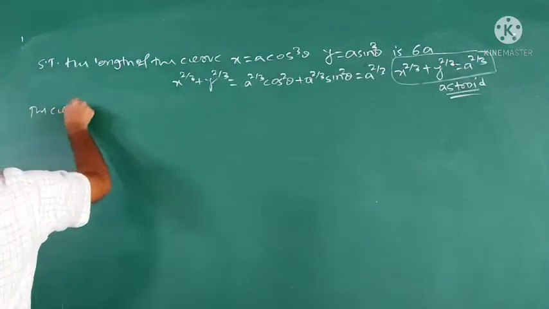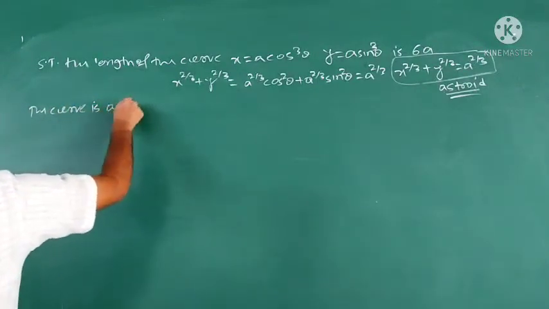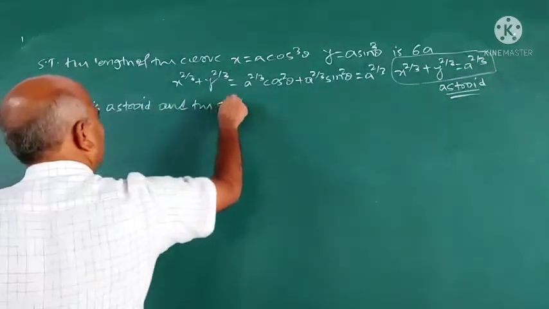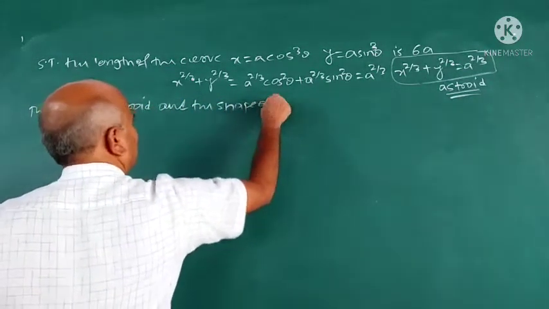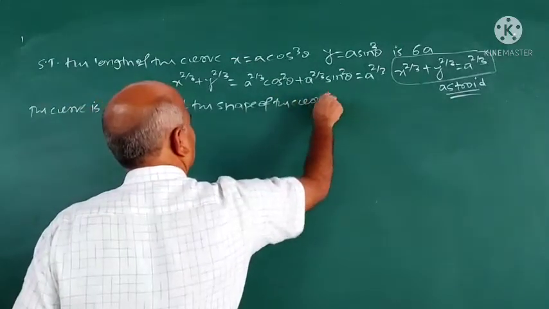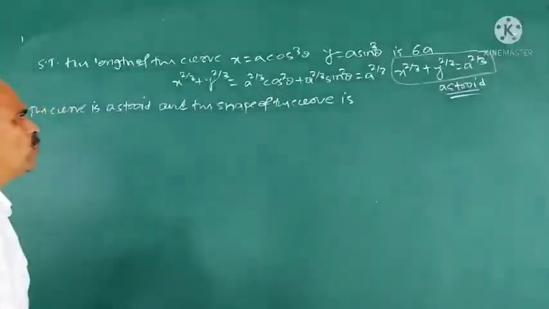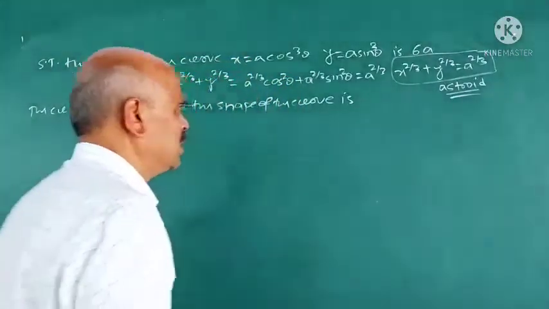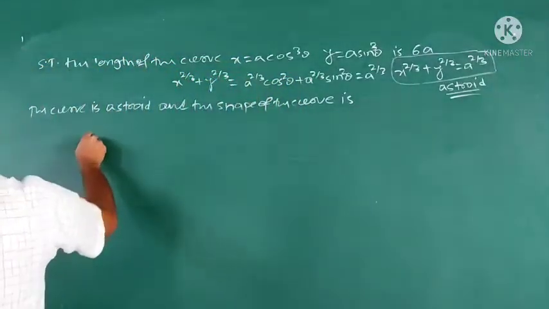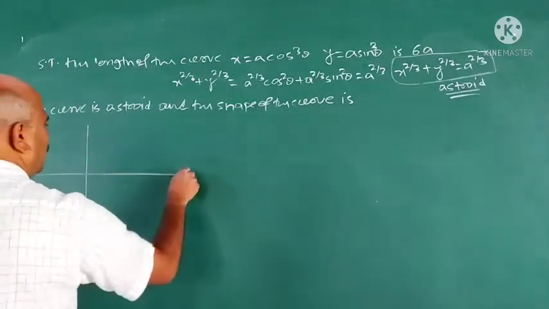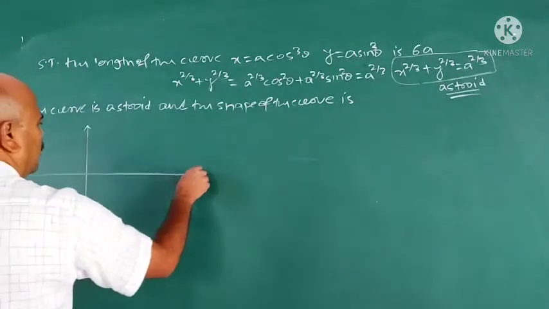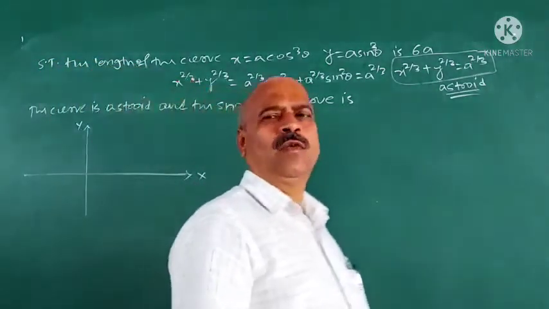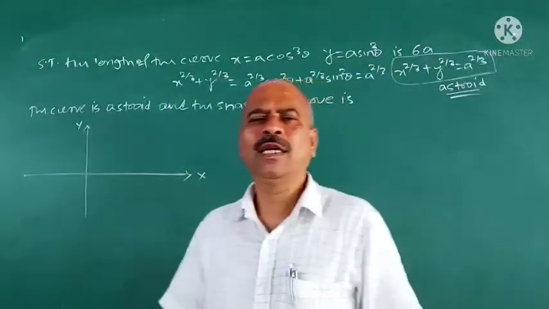What is that curve? The curve is asteroid, and the shape of the curve is like this. It is symmetric about both the axes. The x axis, y axis, and the maximum value of x is a, y is also a.